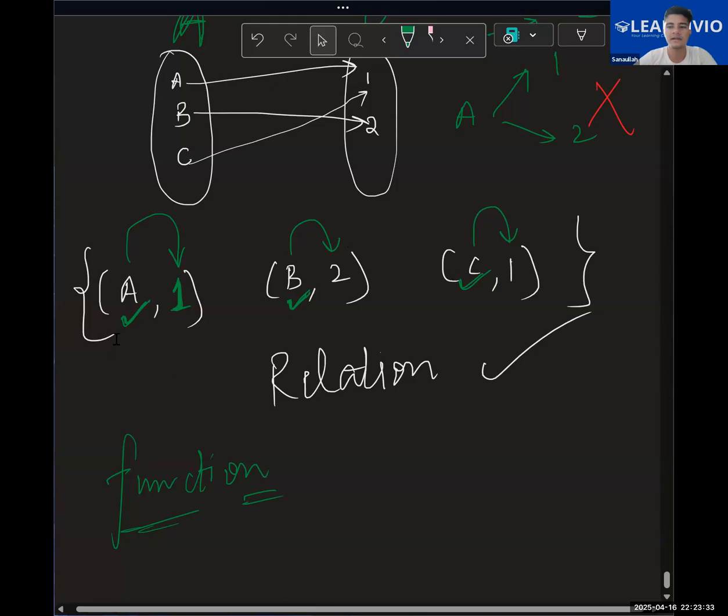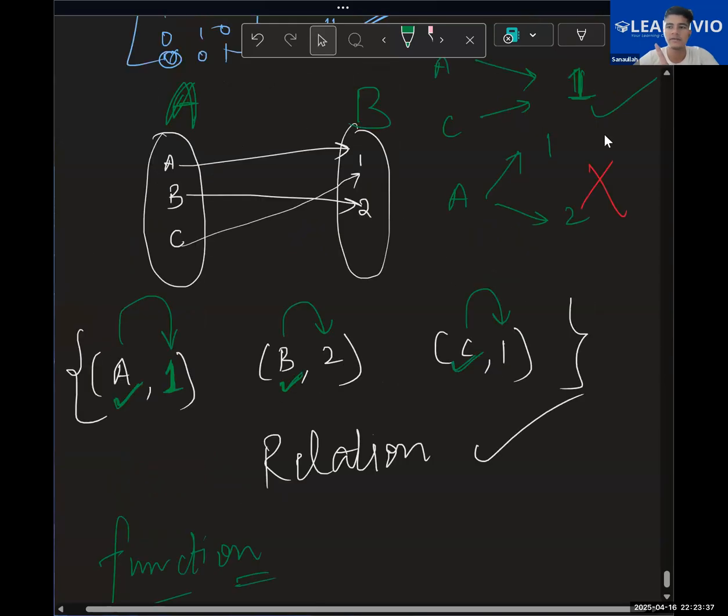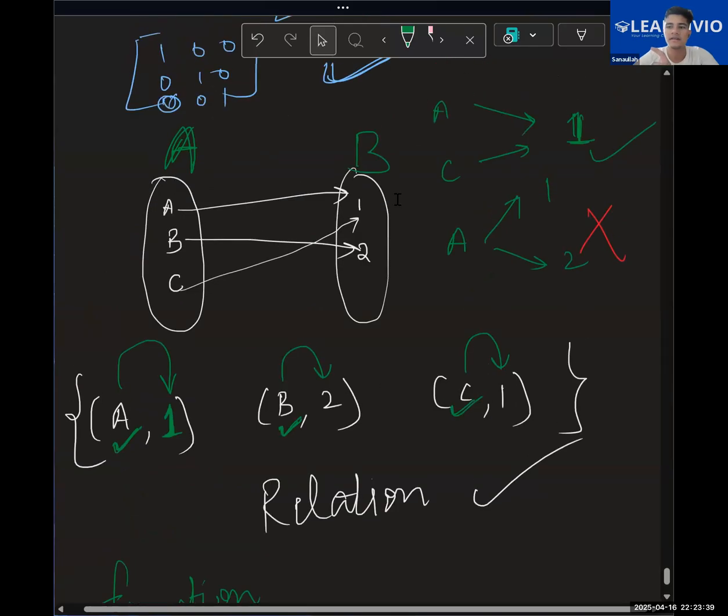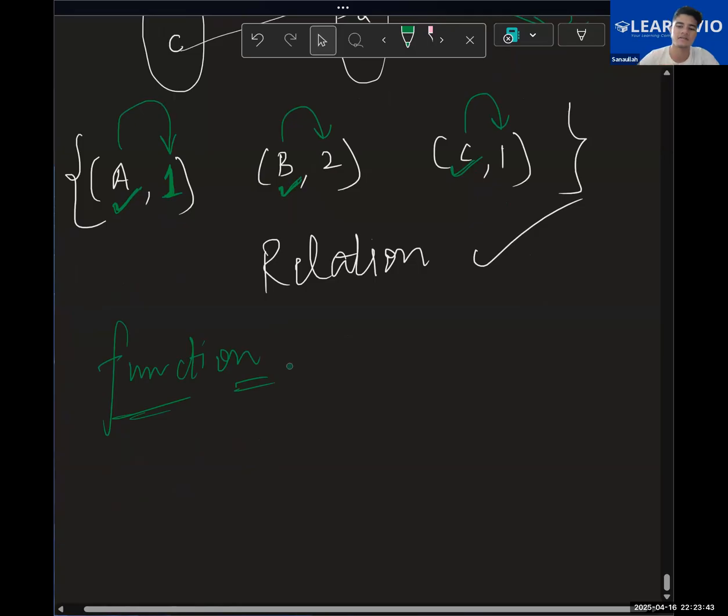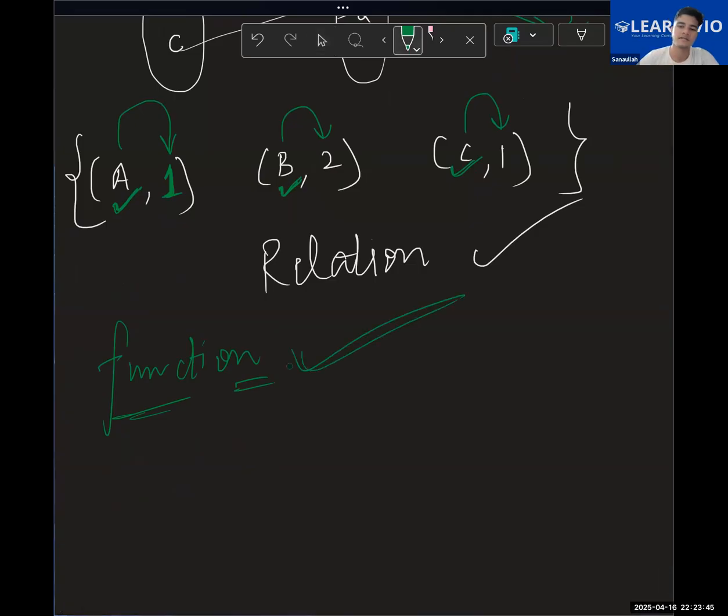A and C do not have multiple images. A and C have one image, that is 1. So we can say this is a function. So this was the basic concept of relation and function, how we can differentiate whether our relation is a function or not.